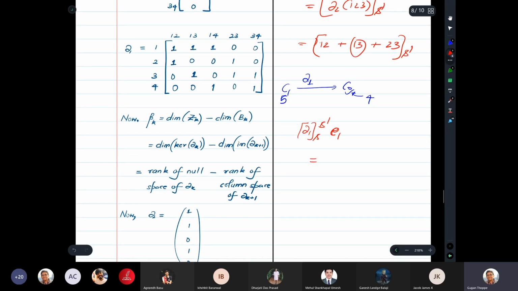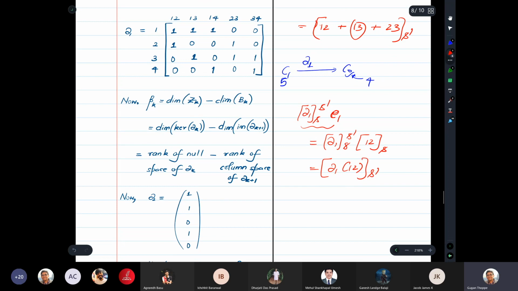I don't know how to multiply this directly, so I write this as 1 2 in S. Notice that if you choose this as the basis for C1, and look at the coordinates of 1 2 with respect to this basis, you end up with E1. So this is equal to DABA1 of 1 2, and we are trying to find its coordinate representation with respect to this basis S prime. So this is 1 plus 2 with respect to S prime.